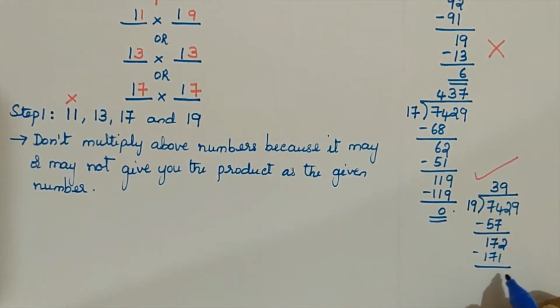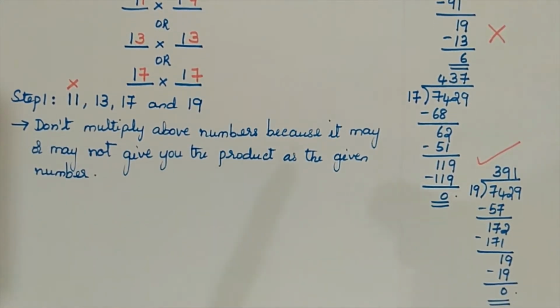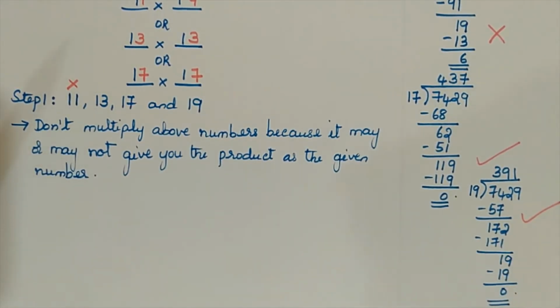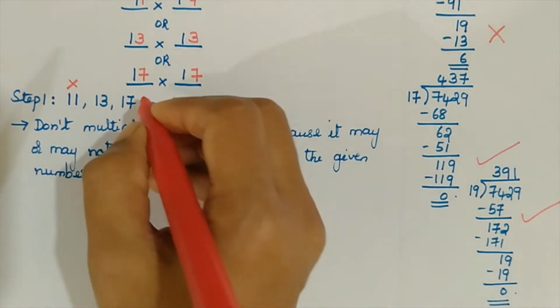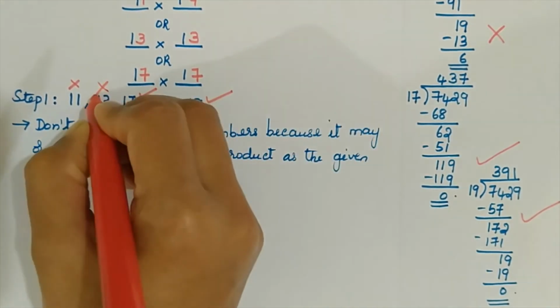Subtract, we get 1. Bring 9 down. 19 ones are 19. Subtract, we get a remainder 0. That means the given number is also divisible by 19. Therefore, 17 and 19 are the factors. 13 is not a factor.